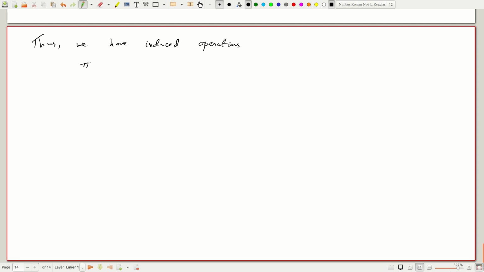So first of all, we have a multiplication from pi1 of X, x0 cross pi1 of X, x0 to pi1 of X, x0, and this is given by the equivalence class of alpha and the equivalence class of beta getting mapped to the equivalence class of alpha star beta.